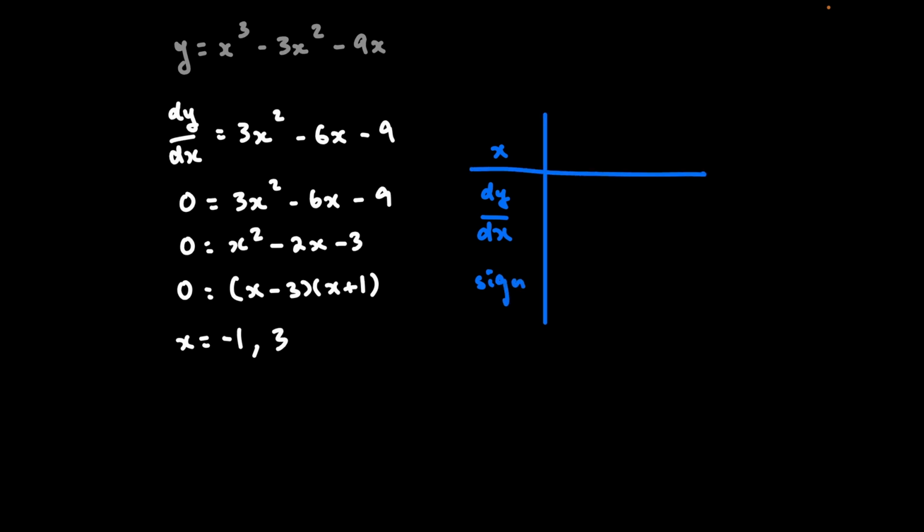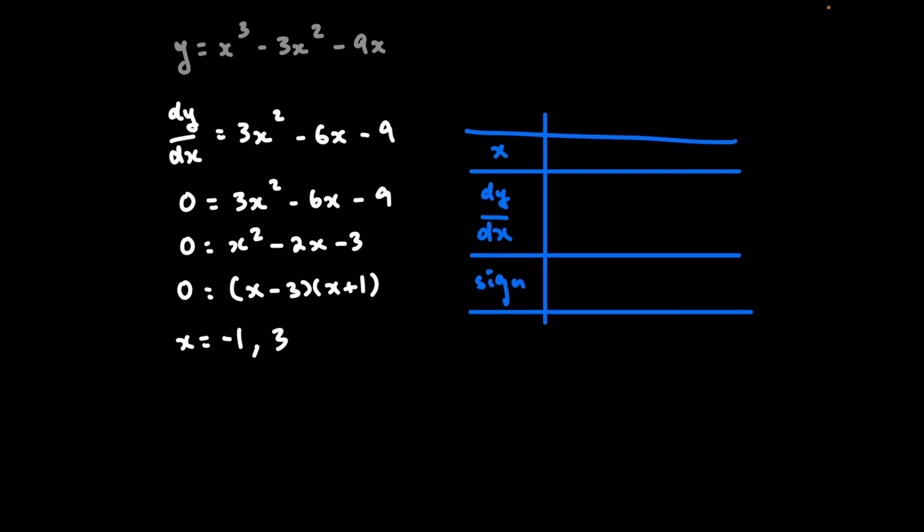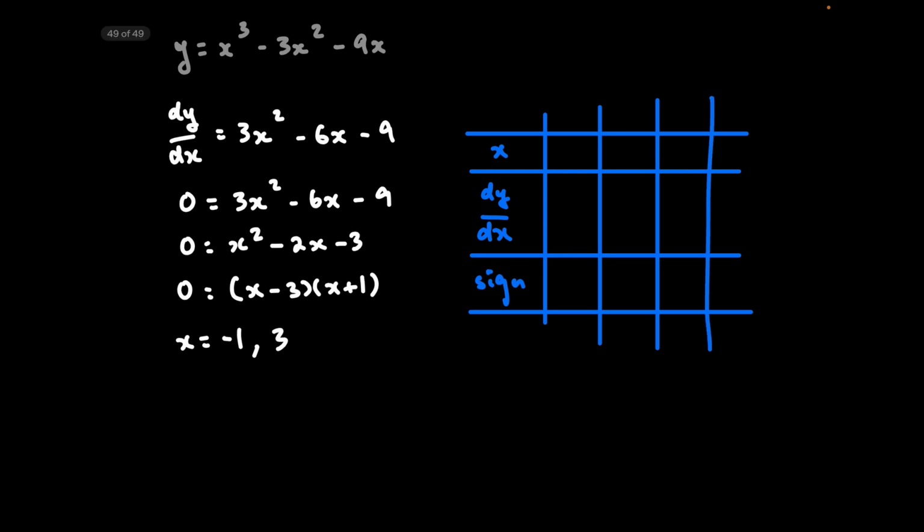And my 3 columns will be my 3 x values, chosen based on where I have my stationary point. So 3 rows, 3 columns. Now that we have our table, let's do it.